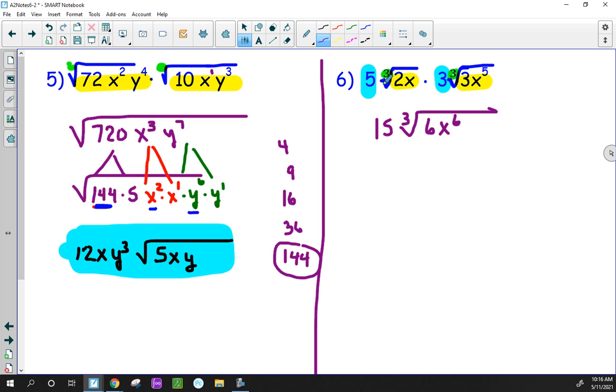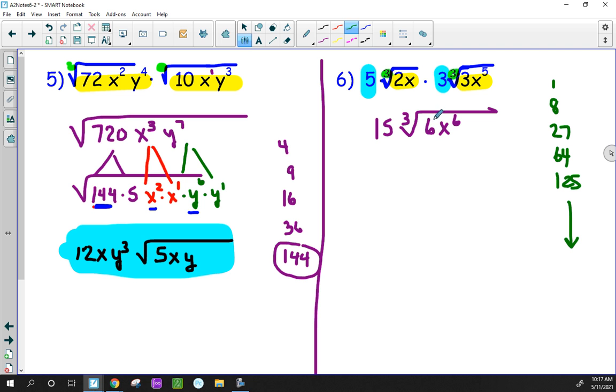We now go to our perfect, this is a cube root, we go to our cube list. 1, 8, 27, 64, 125, and so on. Okay, again, this list is an infinite set. It keeps going forever. 6 is not in that list. 8 does not divide into 6.